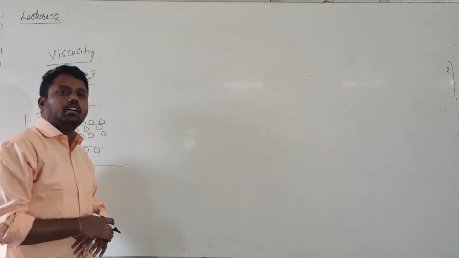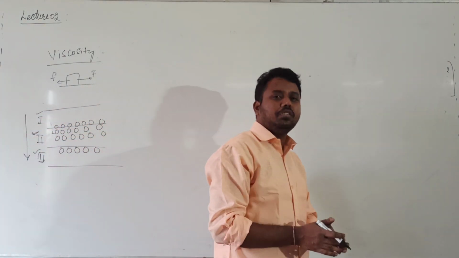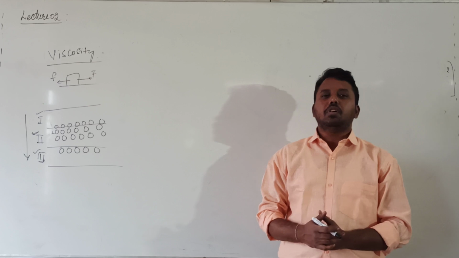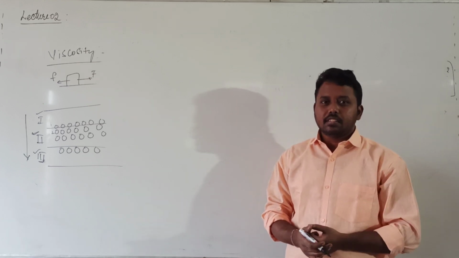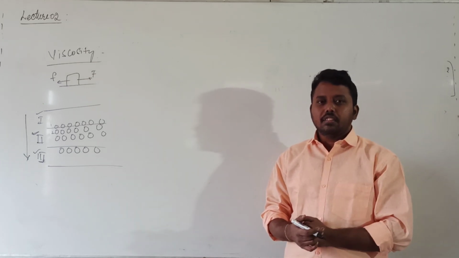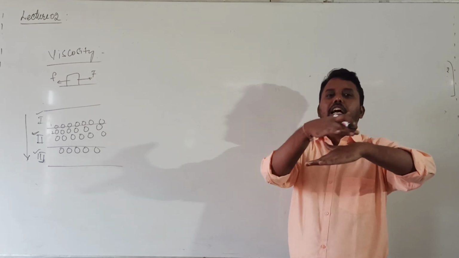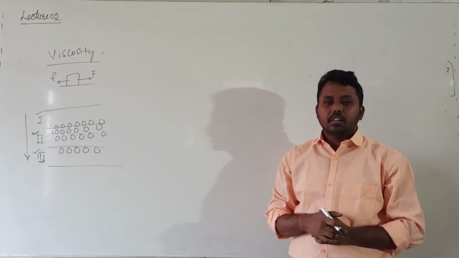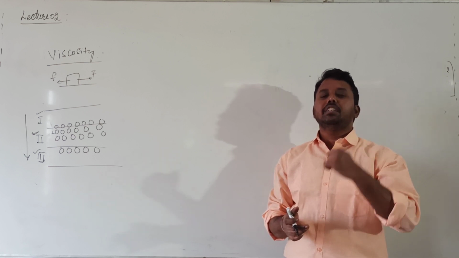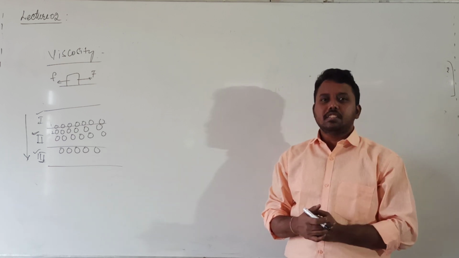The layer in contact with the ground will be at rest. When you are going to the depth, the velocity decreases. This is also one of the reasons for the tangential opposing force between the layers. This velocity difference can be measured with respect to the distance.